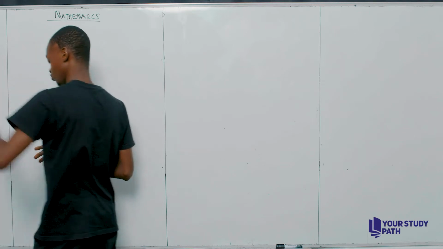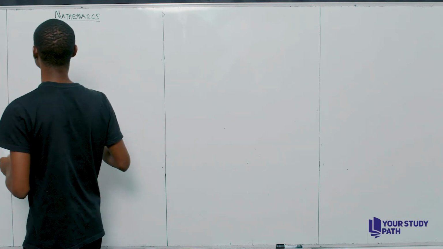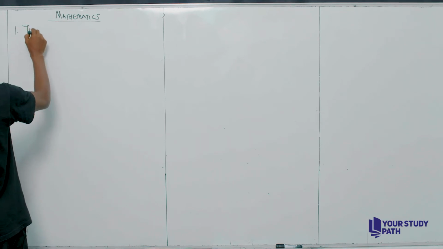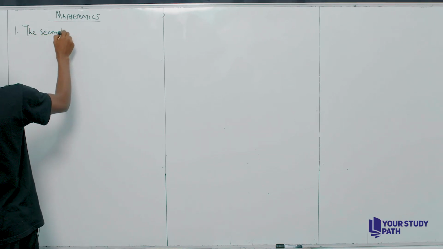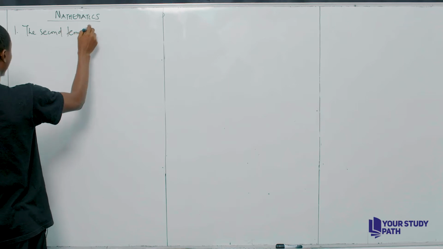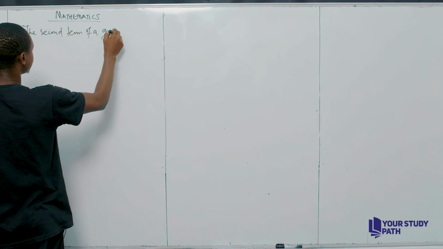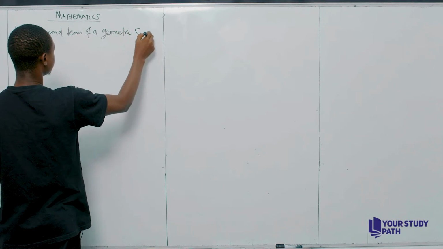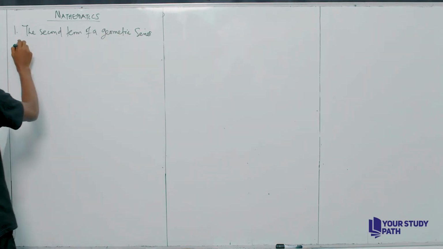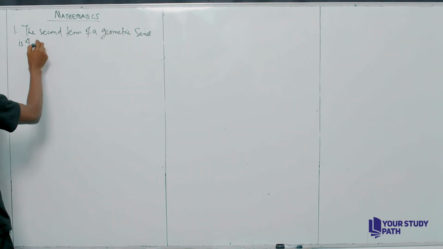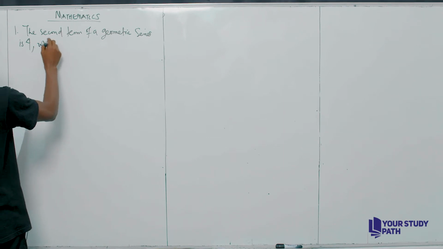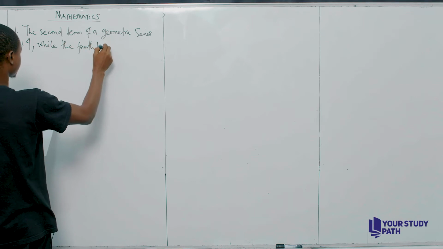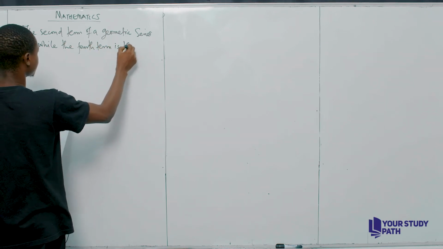Let's take some examples. We have that the second term of a geometric series is 4, while the fourth term is 16.